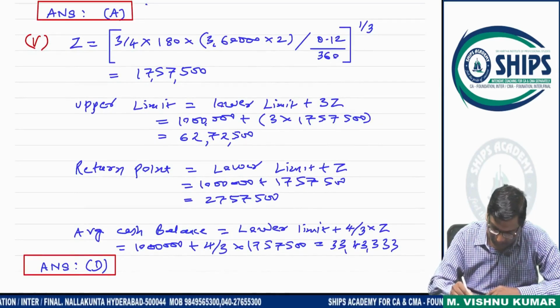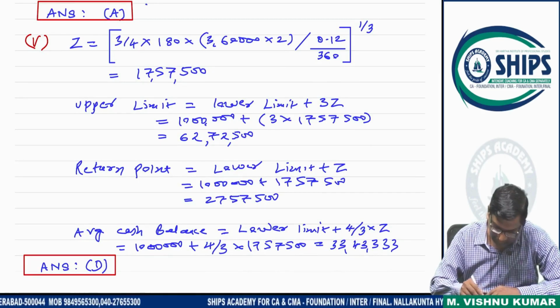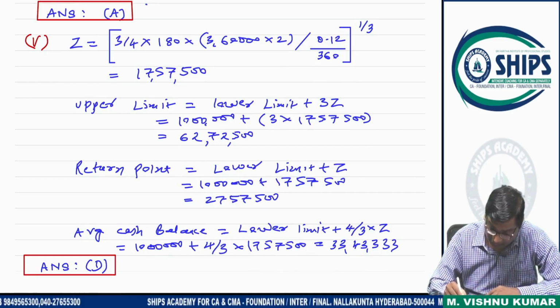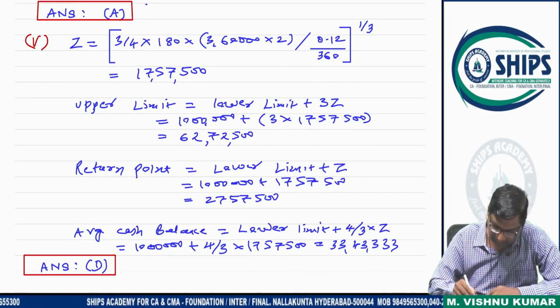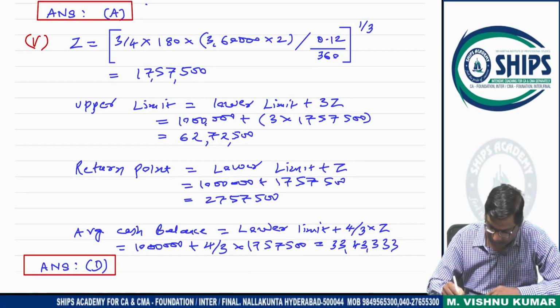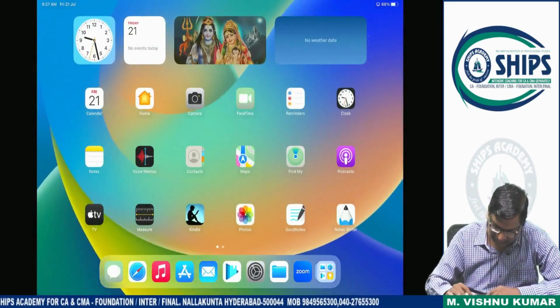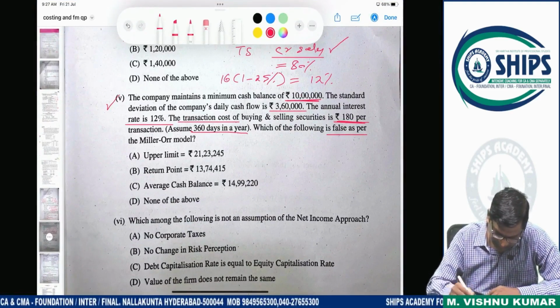Return point is lower limit plus Z, so 10 lakh plus 17,57,500, which is 27,57,500. Average cash balance is lower limit plus 4/3 into Z, not 3/4. So 10 lakhs plus 4/3 into 17,57,500 gives 33,43,333. So the average cash balance is not matching here, and no answer is matching from the calculation.